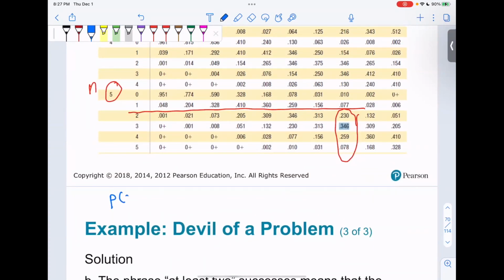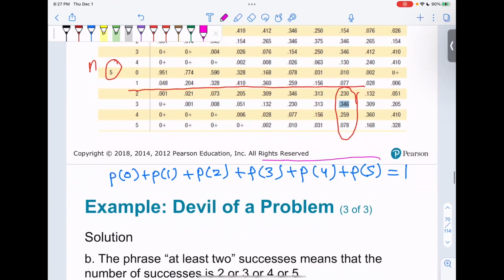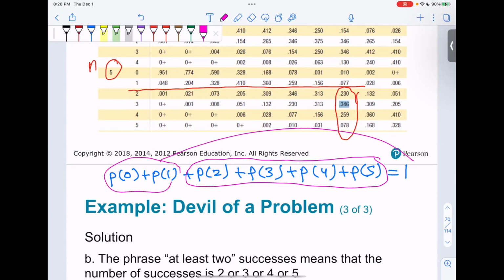Probability 0 plus probability 1 plus probability 2 plus 3, 4, 5 equals 1. So we can take those 2 to the other side, which will be 1 minus probability 0 minus probability 1, right? Using the complement rule, if you remember it.